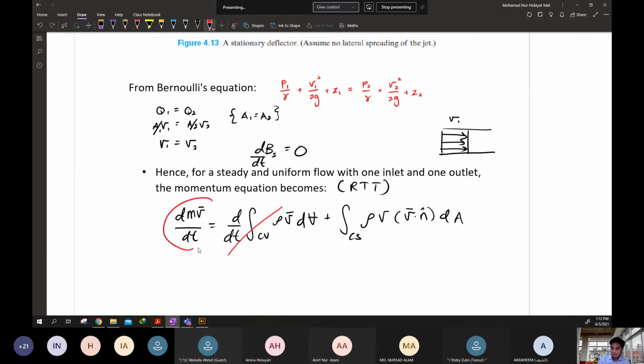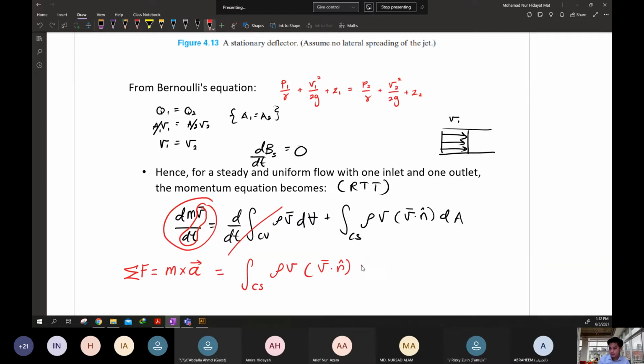Okay, and this term basically is the mass multiplied with acceleration. You can see mass, velocity with time is acceleration. This is the force. This is the summation of force, equal to the integration over the control surface of ρV (V·n) dA.